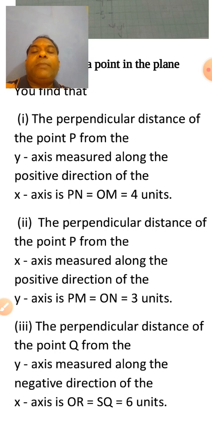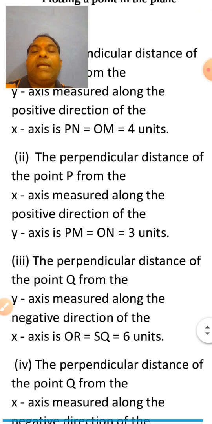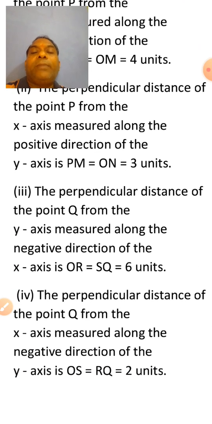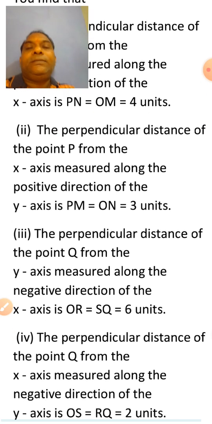Third point, the perpendicular distance of the point Q from the y-axis measured along the negative direction of the x-axis is QR equal to SO equal to 6 units. And fourth point, the perpendicular distance of the point Q from the x-axis measured along the negative direction of the y-axis is OS equal to RQ equal to 2 units. Clear?